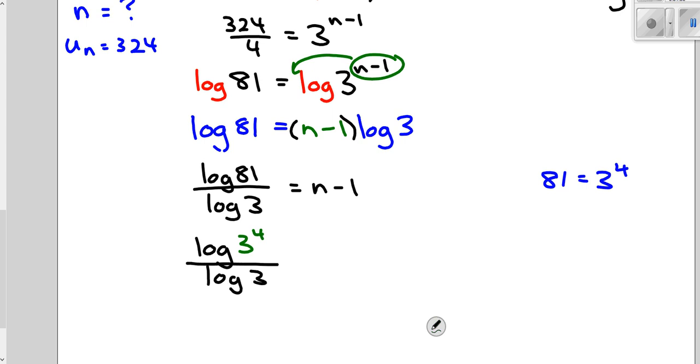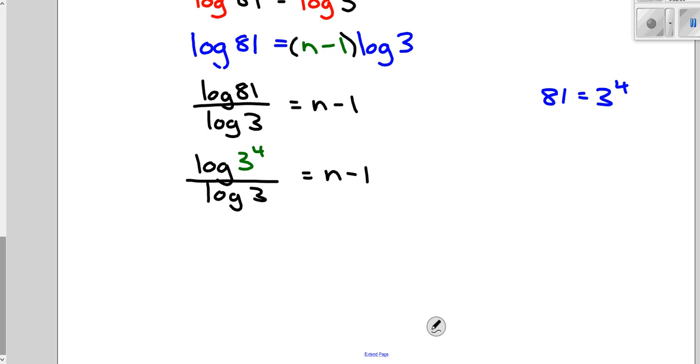So all I've done is realise 81's base 3, so we can use a log law here. Grace, what was the log law that you were mentioning about what you can do with it? Yeah, so that lovely 4 can go here, and we're working out log 3 over log 3.